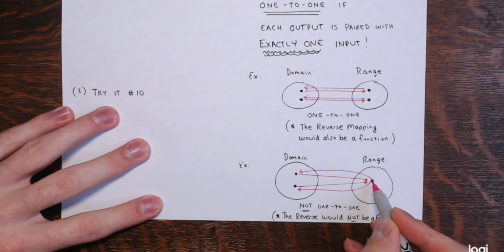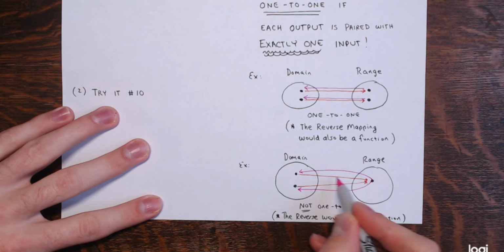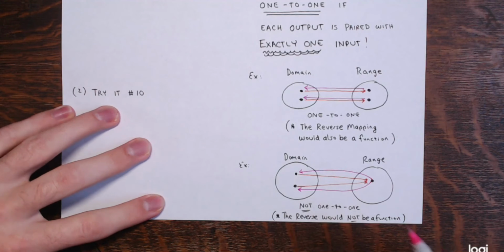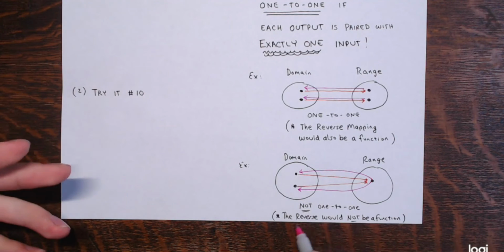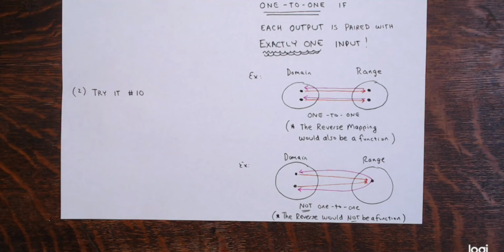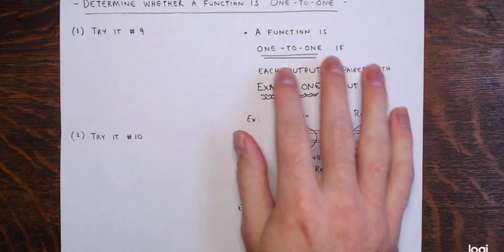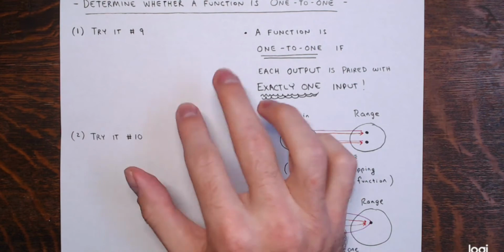And you see, whoa, this element here goes to two different outputs if I reverse it. That can't happen in a function. The reverse is not a function. If the reverse was not a function, that means the original function is not one-to-one. So I hope the concept's simple. It's one input to one output to one input. All right.